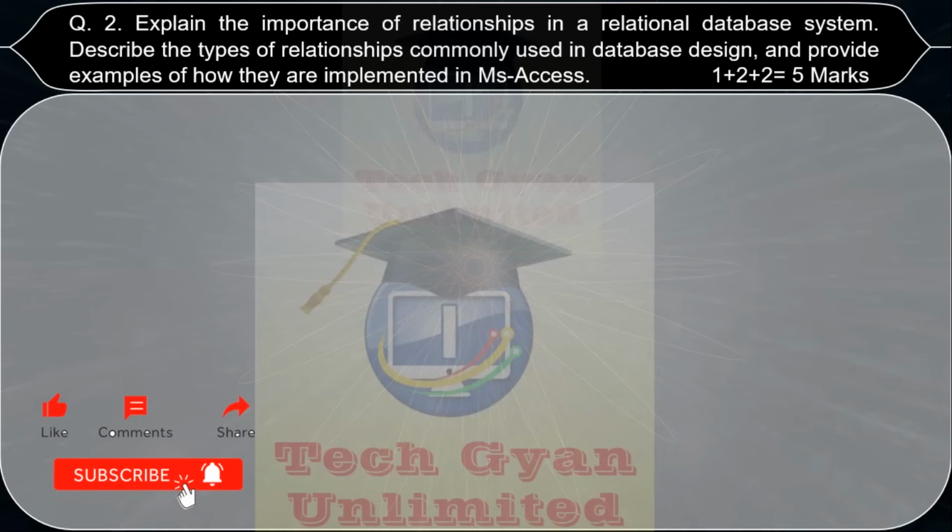In the same question, describe the types of relationship commonly used in database design and provide an example of how they are implemented in MS SQL. And the max is 2 plus 2. You can define the types of relationship and provide the example, then you can get full marks. So let's discuss the answer to this question.